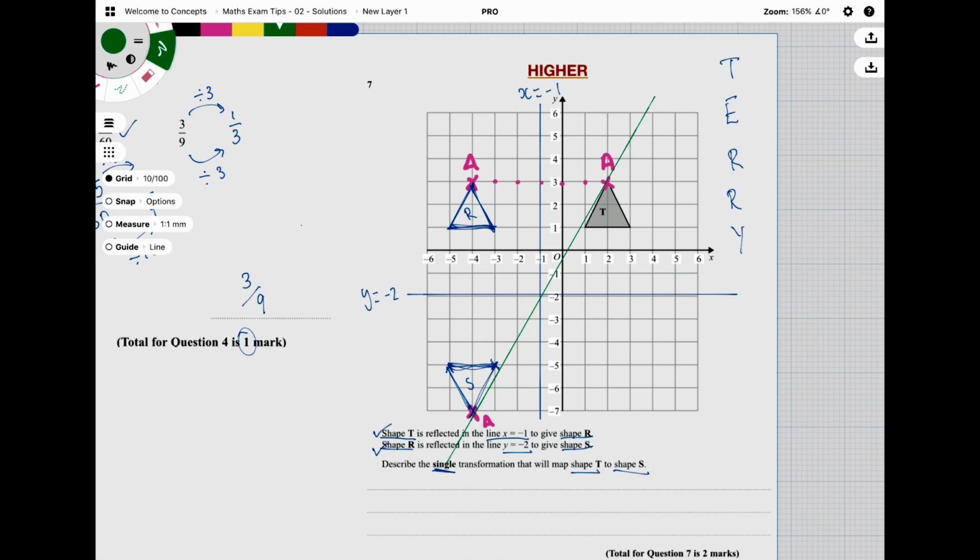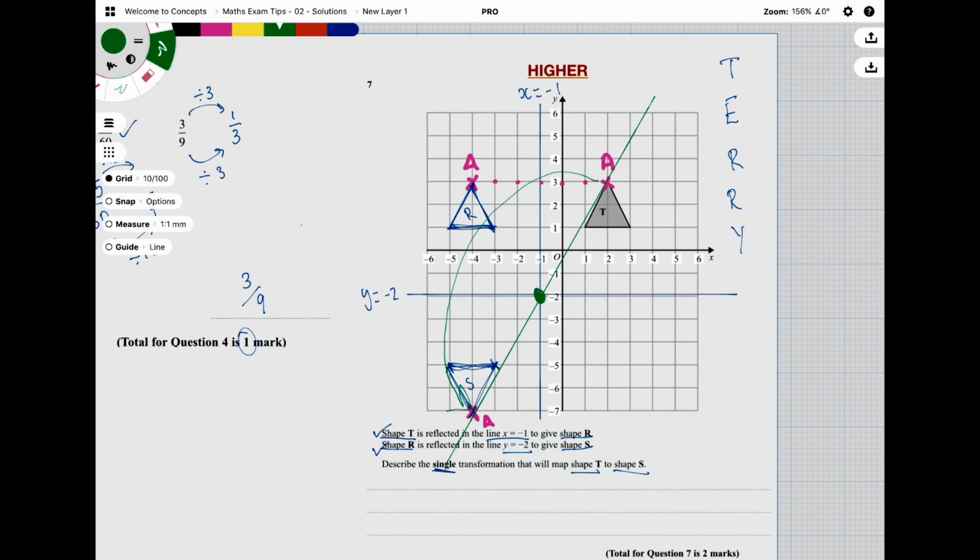It doesn't really matter whether it's clockwise or anti-clockwise. You've got to figure out which point it's rotating about, and I'm going to draw a nice big circle there to show you, and that's -1, -2.